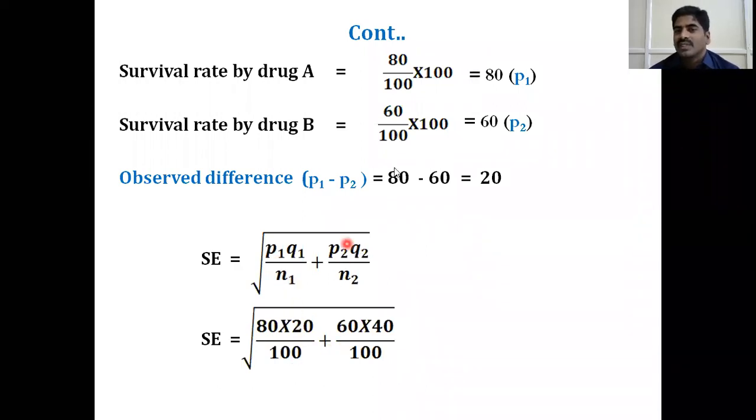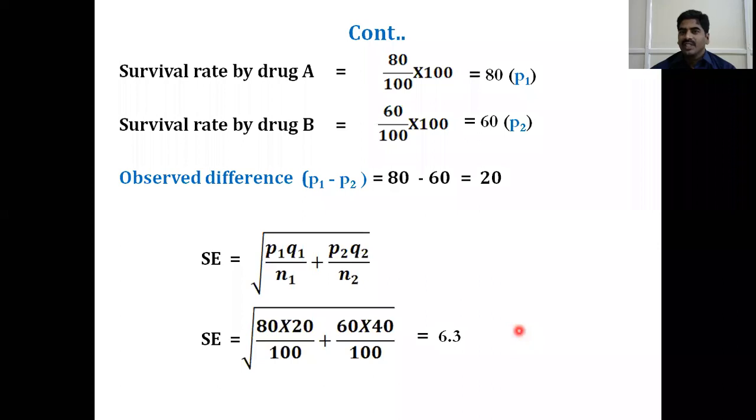Plus P2, second group proportion, equal to 60, times Q2, that is 100 minus 60, equal to 40, divided by N2, number of samples in the second group, total 100. Okay. We calculate the standard error between the proportions. The standard error value is equal to 6.3.